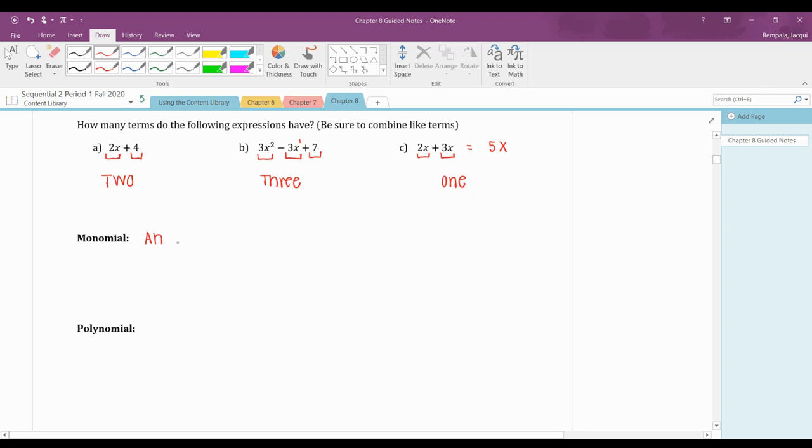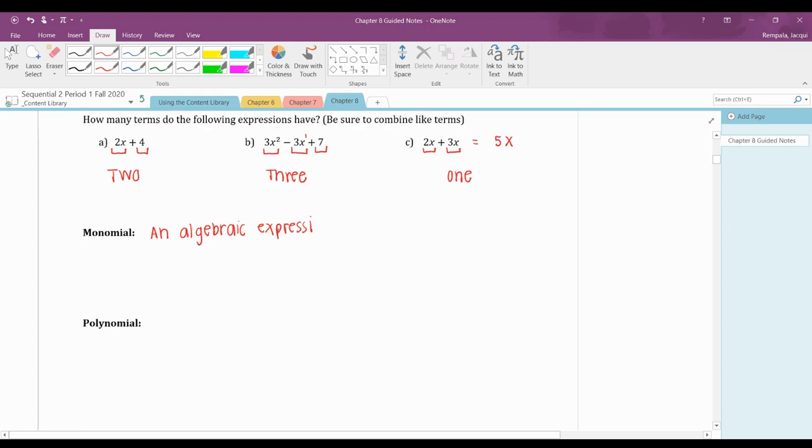This is going to be an algebraic expression consisting of 1 term.